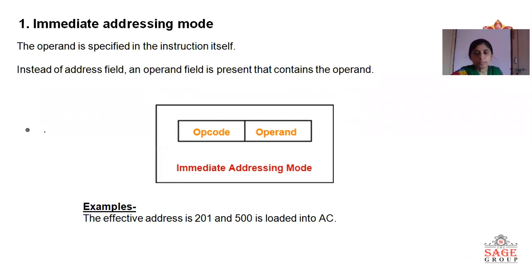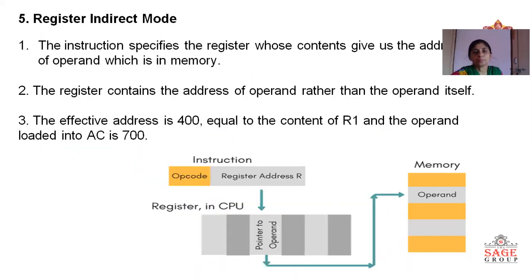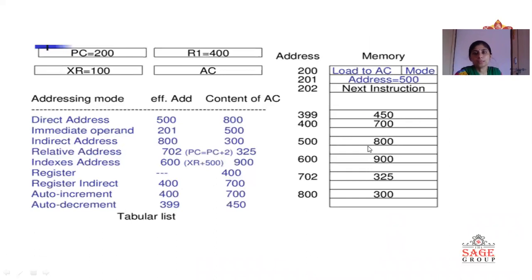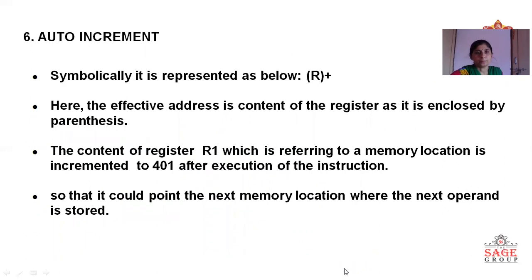If you see this diagram, these are the effective addresses of the memory, and these are the operands. If the opcode is, suppose, add and 500, this 500 will be loaded into the accumulator, and its effective address is 201, meaning there is no effective address, only the operand is there.